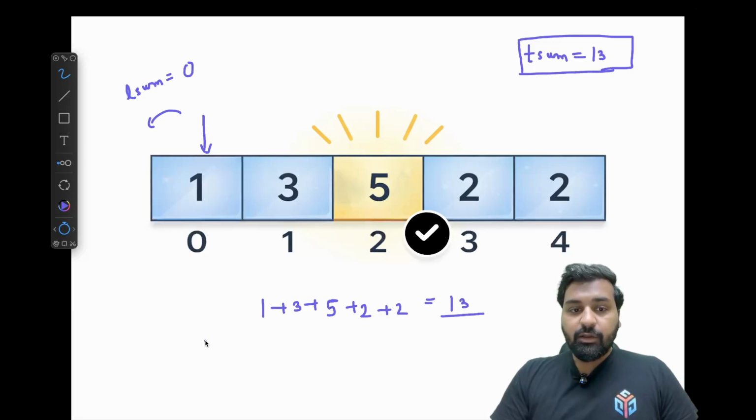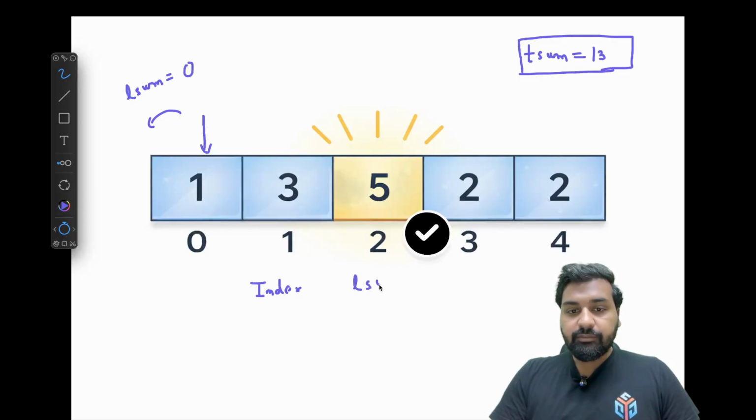So for index, let me write it here. For index 0, here left sum, and here we are going to do right sum.